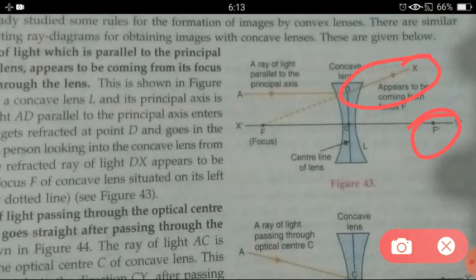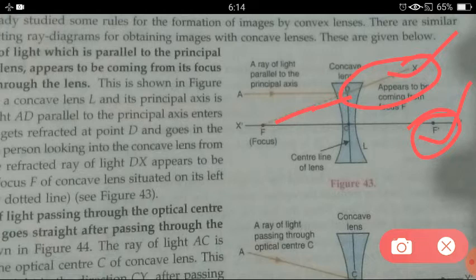And what is our rule? If the incident ray is parallel to the principal axis, after refraction it will pass through focus. So here we can see that the rays and focus are in different directions. So what we will do is imagine that we extrapolate the rays backside, in this direction.